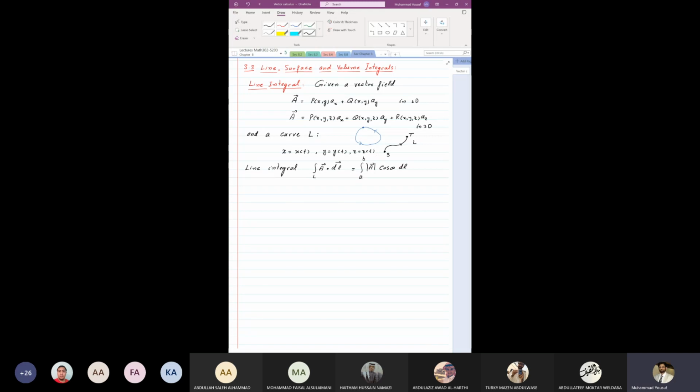Before I go for surface integral, to make this more clear, let me see if there is some example given here. Yes, example 3.2. Given that F is a vector field, calculate the circulation of F around the closed path shown in figure 3.11.